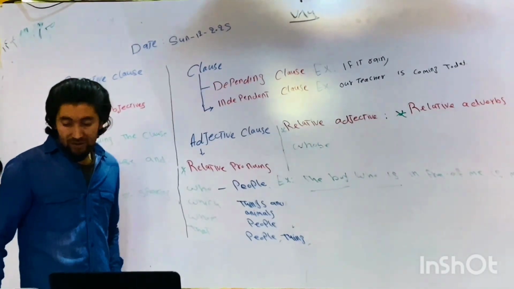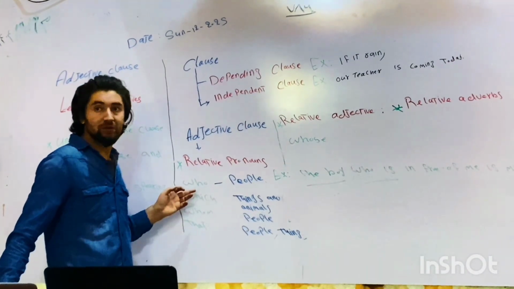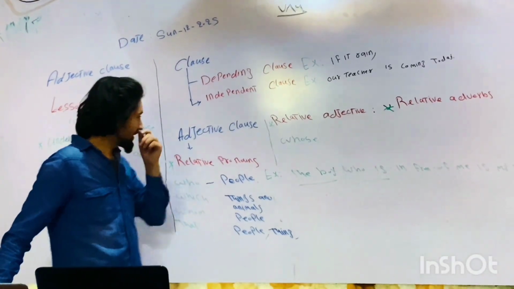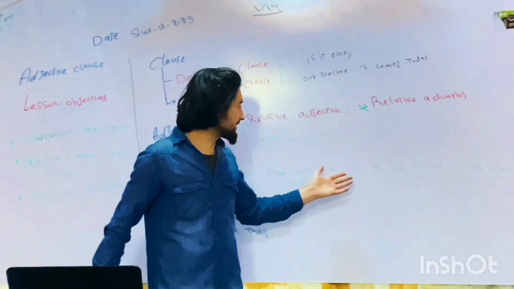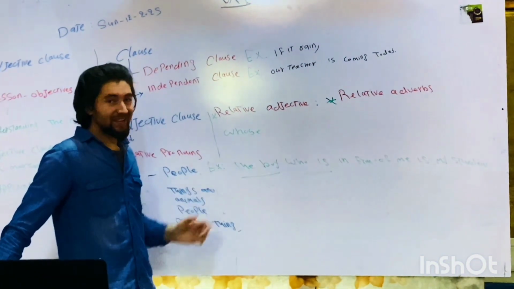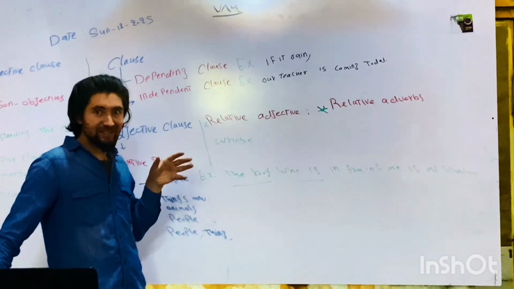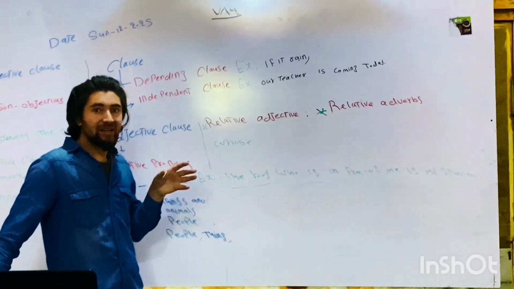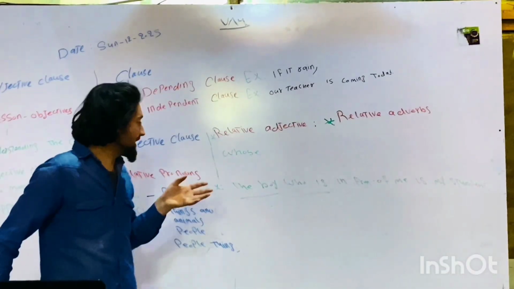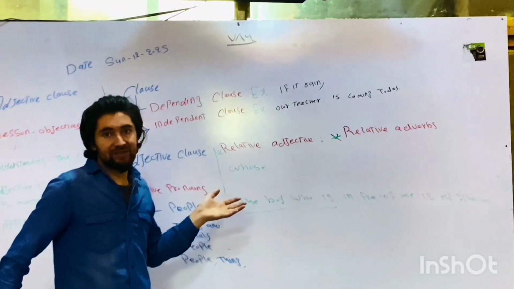Alright, I have established an example for who. The example is: the boy who is in front of me is my student. Here, the boy is the antecedent of the sentence. What's the antecedent? It is the word which explains or introduces the noun and pronoun in the sentence.